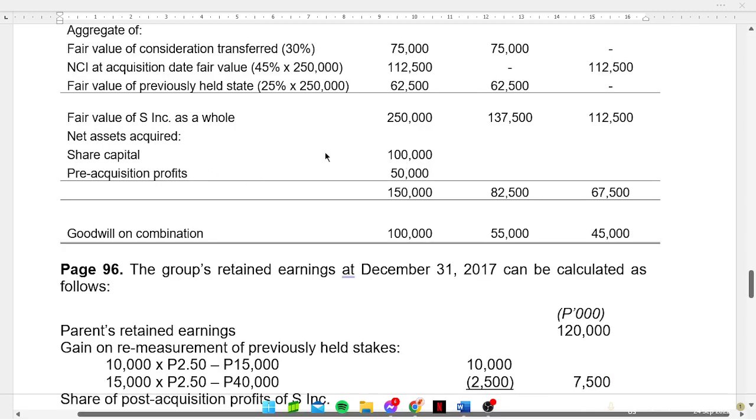The net assets acquired, share capital, 100,000, and the pre-acquisition profits of 50,000. Yung pre-acquisition profit na 50,000, ayun yung balances in retained earnings kanina sa illustration. Pagsasamahin din natin yung share capital at yung pre-acquisition profit to get the 150,000.